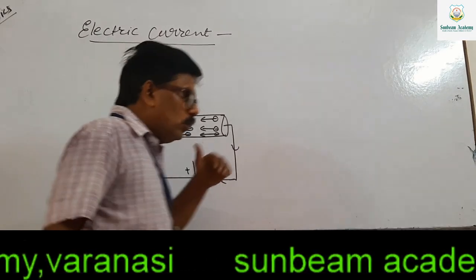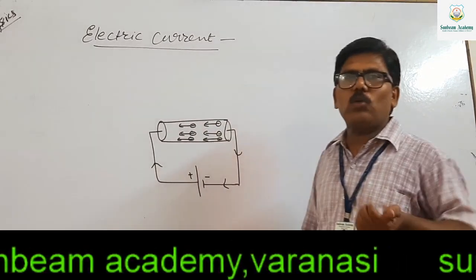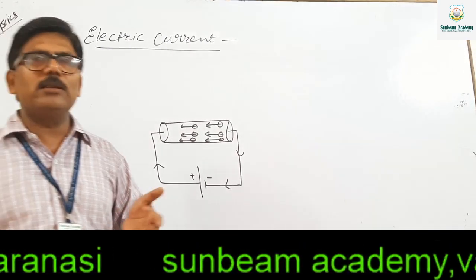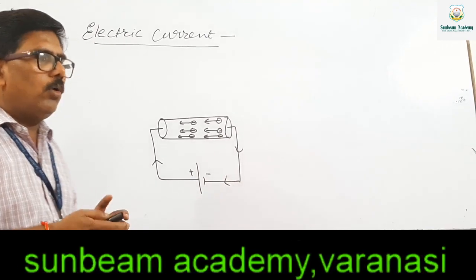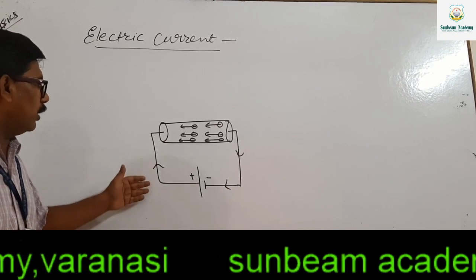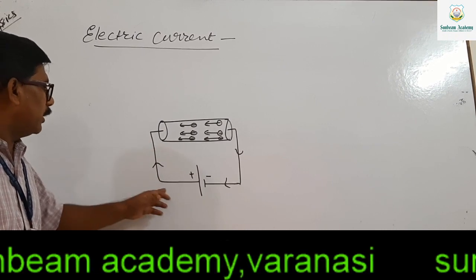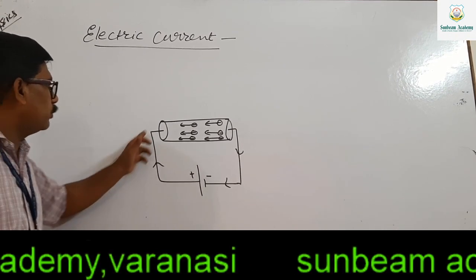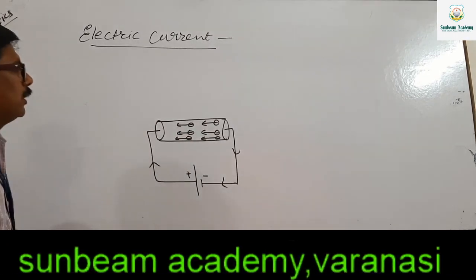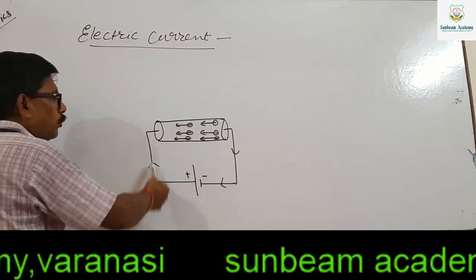Now as per definition, you have heard that the flow of electrons, or flow of electric charge or negative charge, is called electric current. But what you see here in the circuit is that the direction of flow of current is marked from positive to negative, whereas inside the conductor the direction of flow of electrons is from negative to positive.